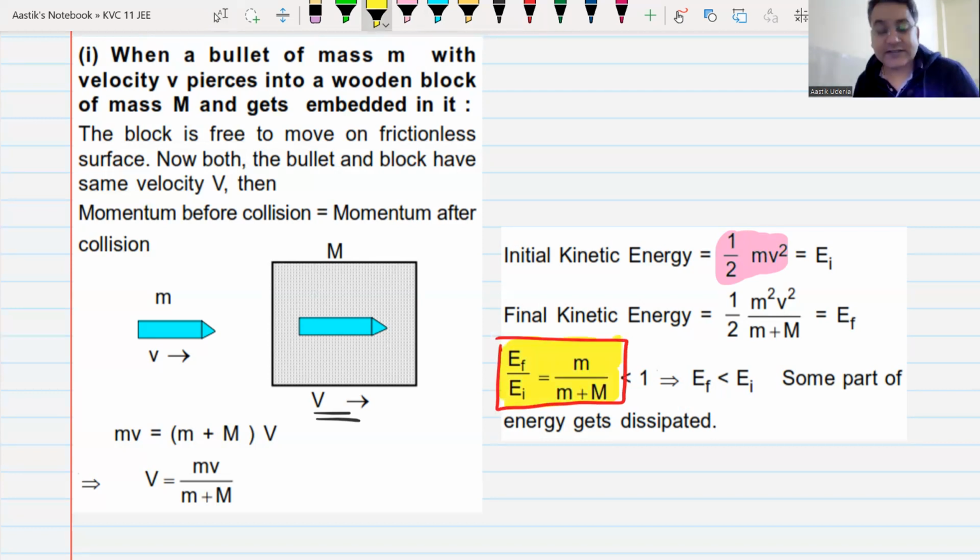We are going to see this case again in something known as perfectly inelastic collision. We can take it as an example of law of conservation of momentum. Everyone understands this? I'll give you 2 minutes to note this.